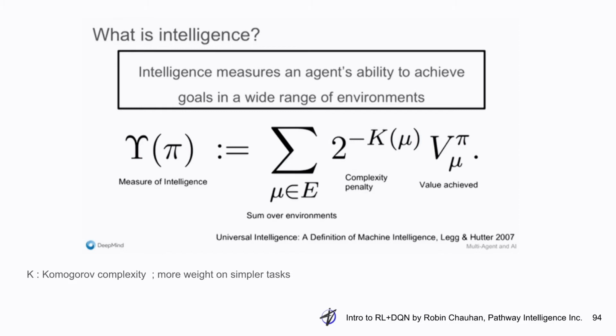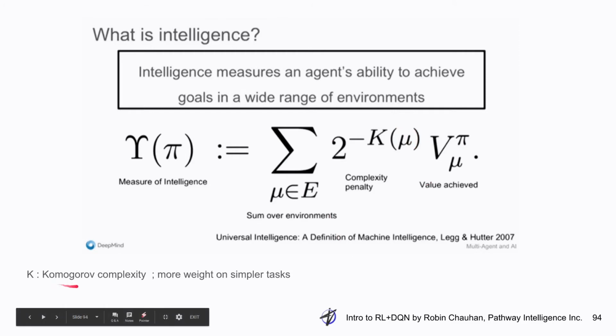Okay, so DeepMind has presented in some of their presentations this old paper about what is intelligence. What it's saying is intelligence is how much value you've achieved across different environments, but weighted according to how complex the environment is.